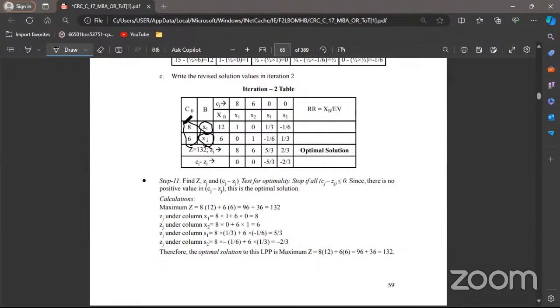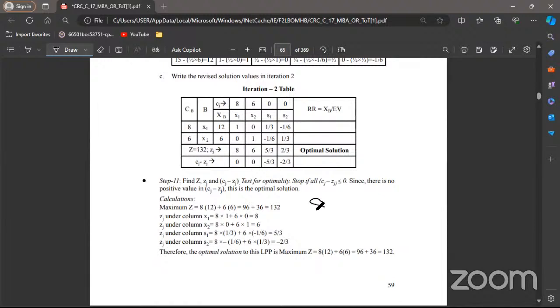Zj value is quite simple. See, we have written it side by side so that multiplication becomes easy. 8 into 1 you have to do, then add 6 into 0. How much do you get? 8. Okay. Then 8 into 0 plus 6 into 1. How much? 6.